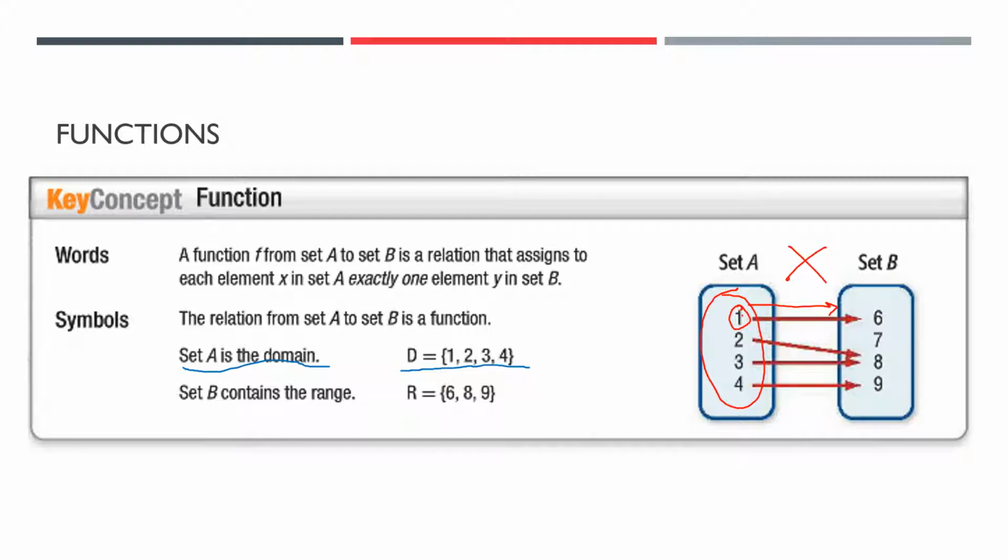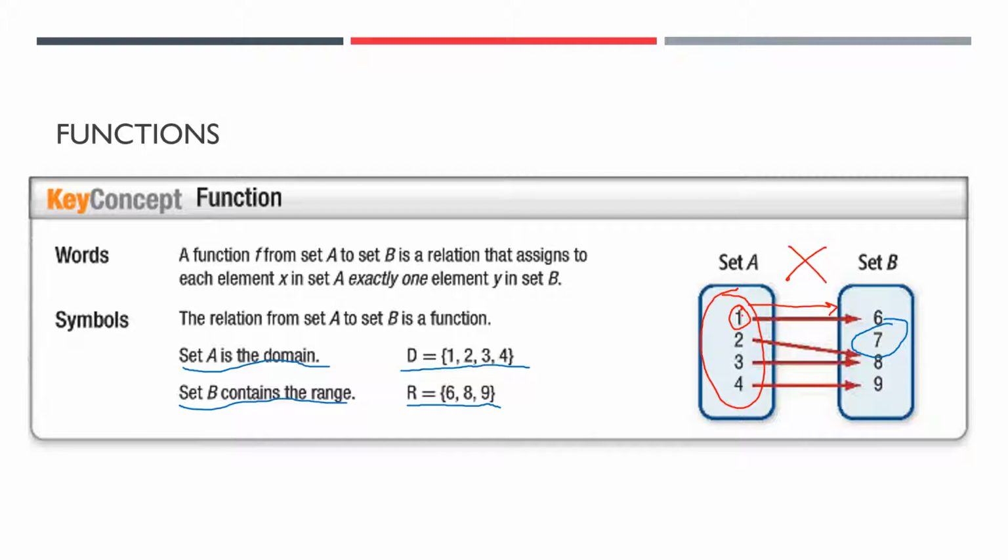Here, we don't have 1.5. There's no 1.5 here, so we have to list the values with braces. And set B contains the range. Okay, it contains, meaning that not all of set B is the range. That's why 7 has nothing. We also write the range in this form. All right, are you ready to give this a shot?